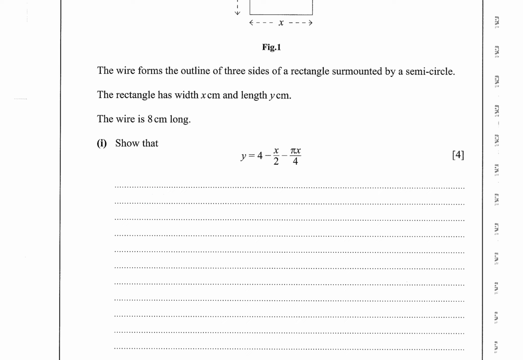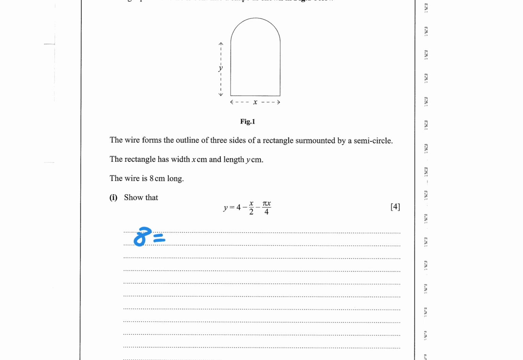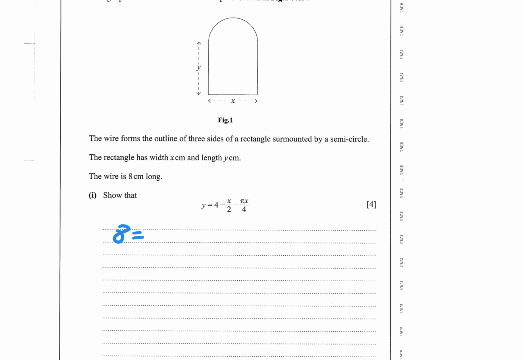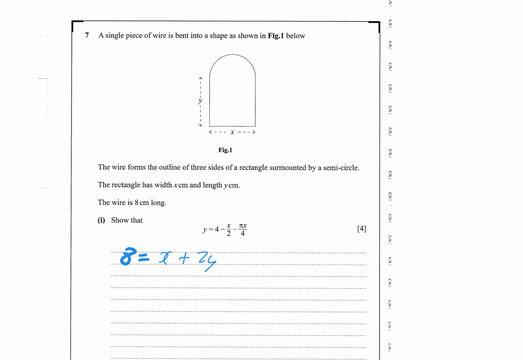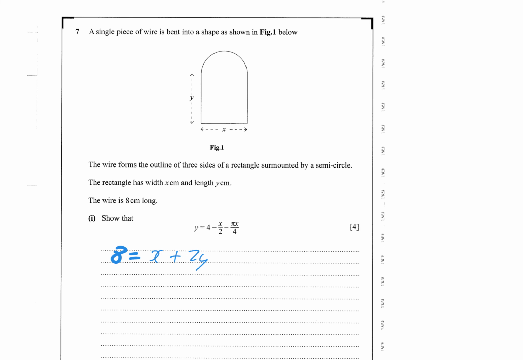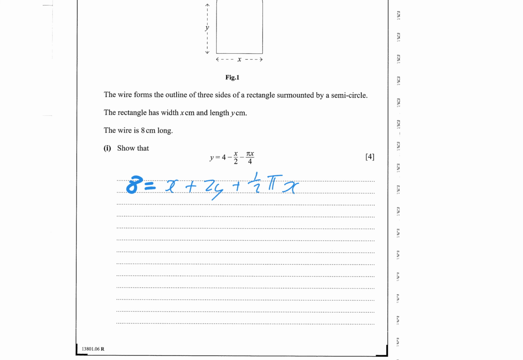So 8 is going to be equal to, you can see there, you've got x along the bottom, and then you've got 2y, and then you've got your half of a diameter. So it's a half times pi times d, and the diameter is x, so that's what you have. Let's just tidy that up.